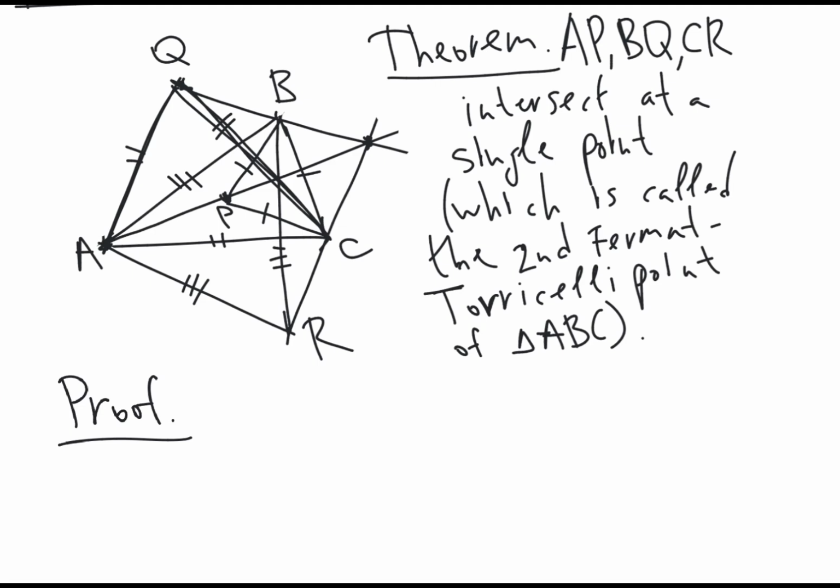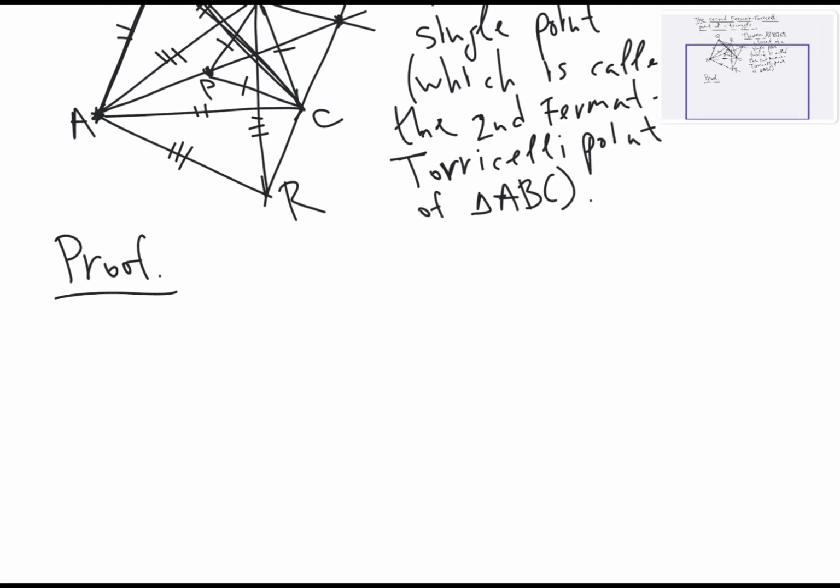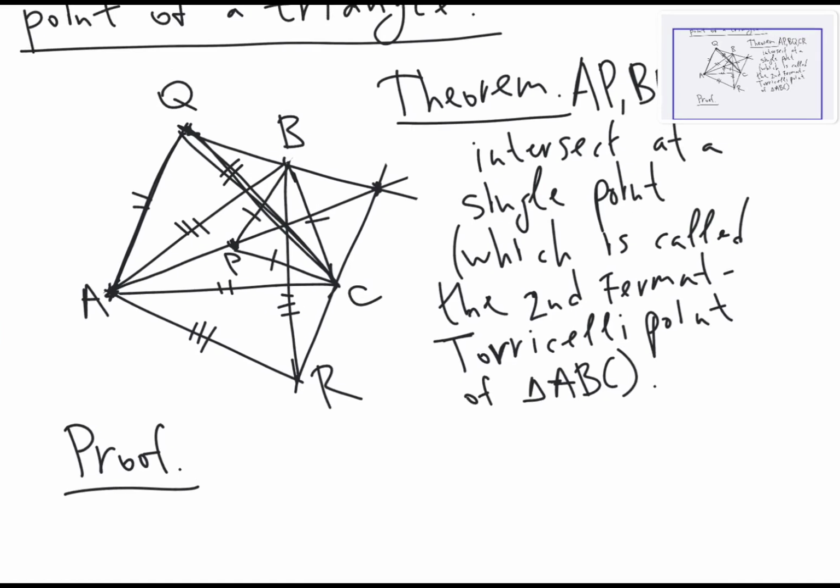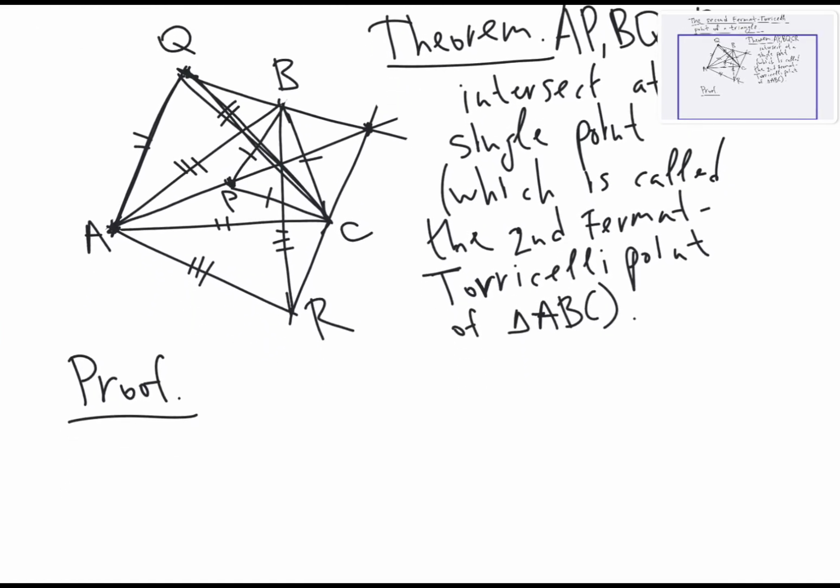But the general idea is the same. Like for the first Fermat-Torricelli point, the idea is that we consider the intersection point of two of these lines, and we prove that this intersection point also lies on the third line.